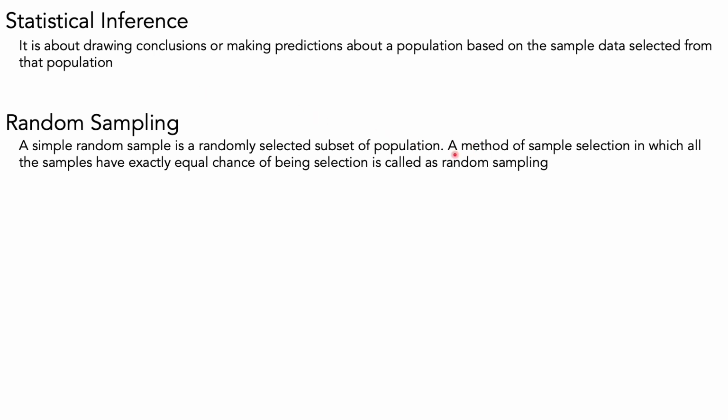By definition, a method of sample selection in which all the samples have equal chance or equal probability of being selected is called random sampling. Do you understand? This means there is no bias that will lead us towards the selection of a specific sample, so they are totally random.